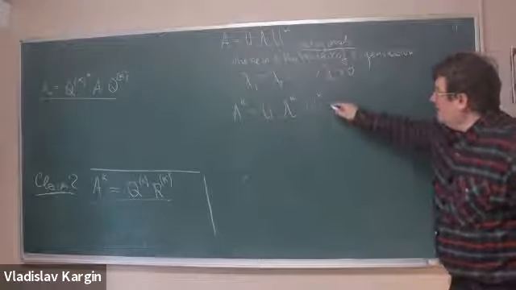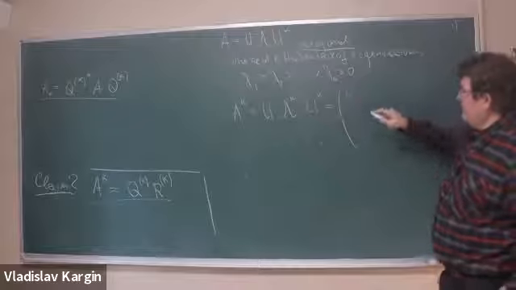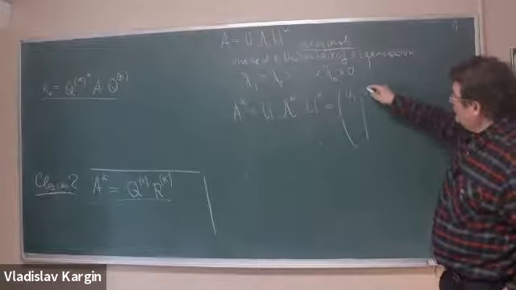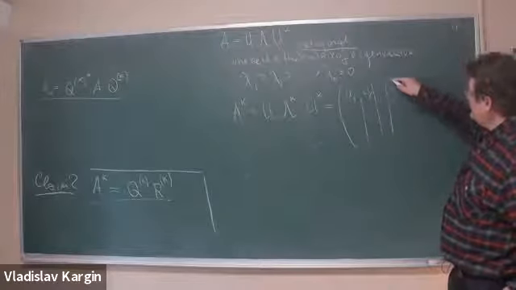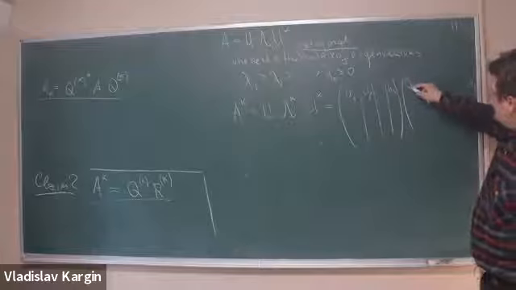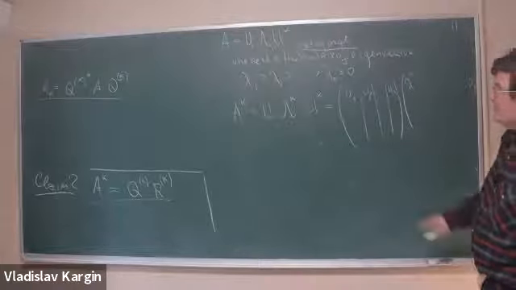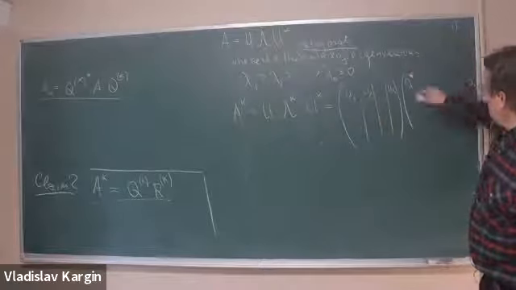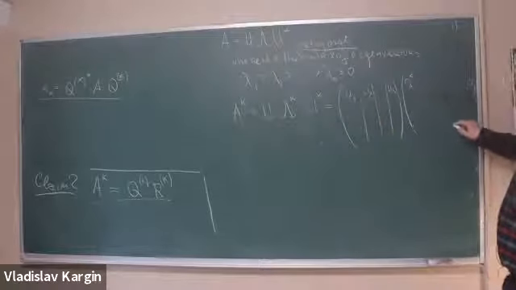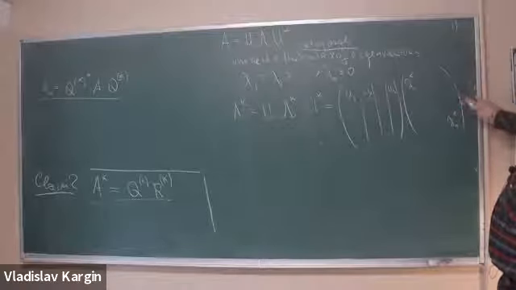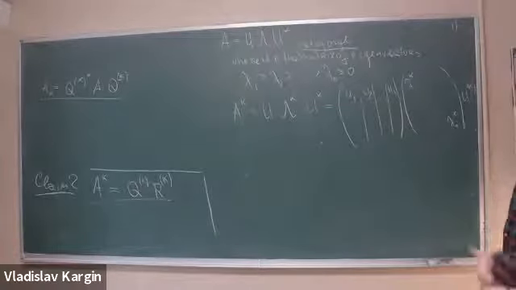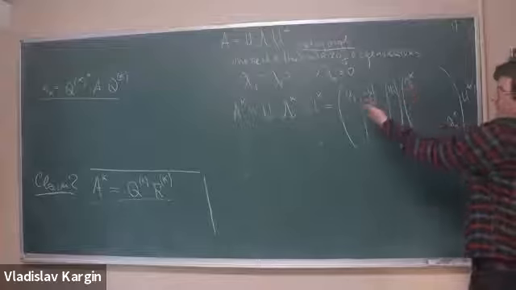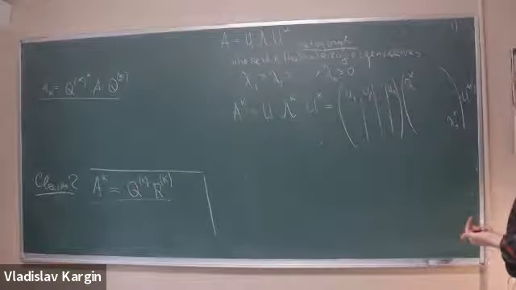If you look at this, it will be U1, that's a column, U2, and so on, UN, multiplied by lambda 1 to the power of k, and so on, down to lambda n to the power of k, and this is the matrix U star.